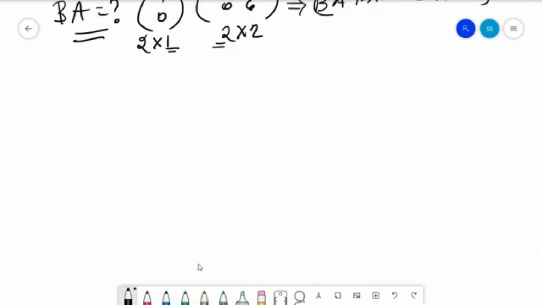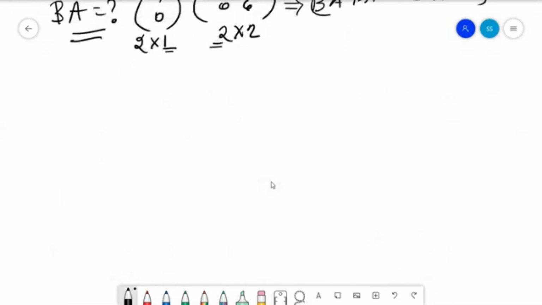And now let's take another example of matrix multiplication. We want to say 1 2 3 0 1 0. I take a matrix of 2 rows and 3 columns, so this is a 2 cross 3 matrix.